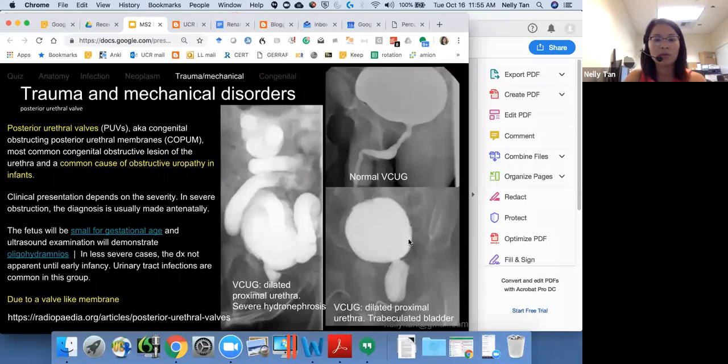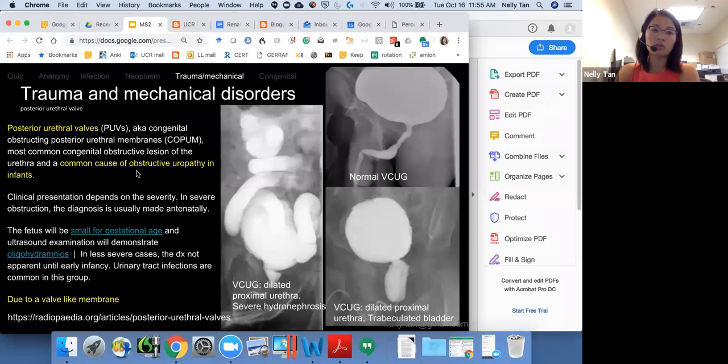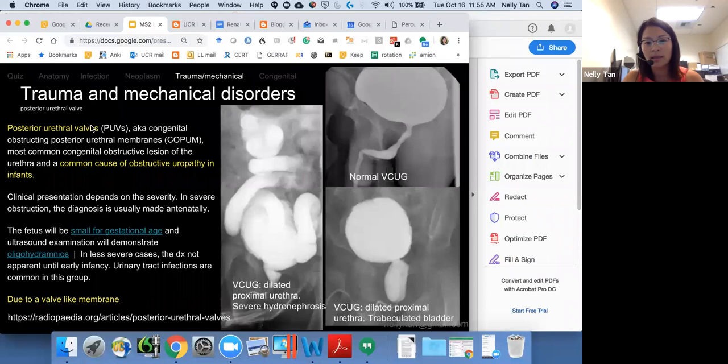Traumas and mechanical disorders. You need to know about posterior urethral valve, which was on the USMLE content list. This is typically a congenital condition, and it's the most common cause of obstructive uropathy in infants. It's due to a valve-like membrane. It's a misnomer, it's not a valve, it's just a membrane.